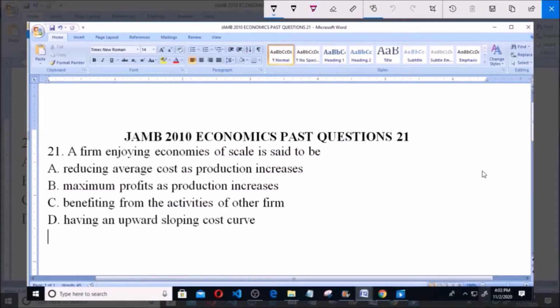JAMB 2010 Economics past question number 21 says a firm enjoying economies of scale is said to be.